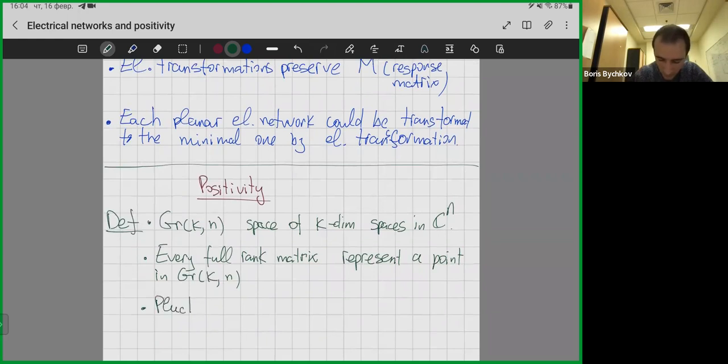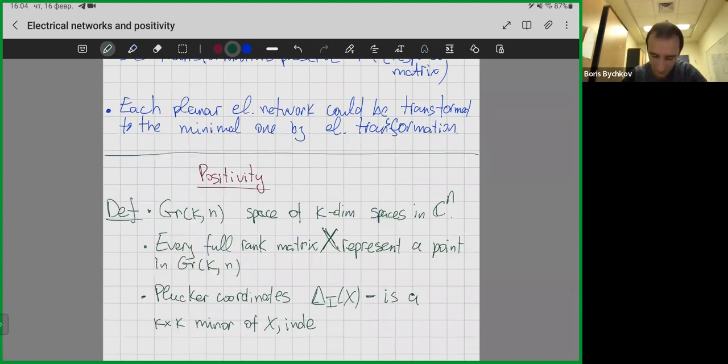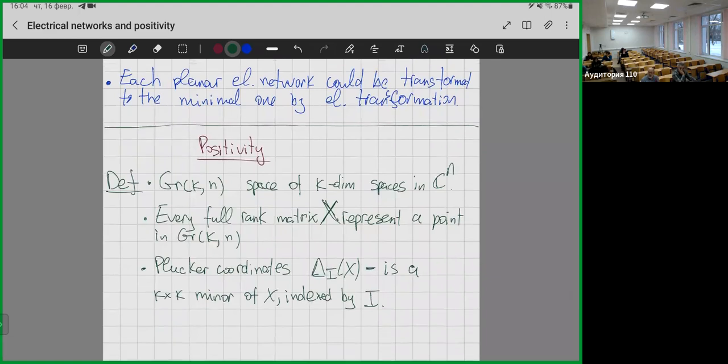I would denote it delta_I. So for a matrix X, delta_I of X is the k by k minor of X, where this capital I is the index of columns. The number of elements in I is k.